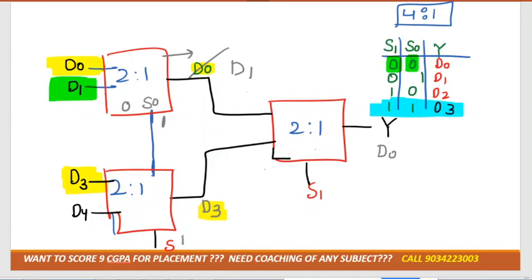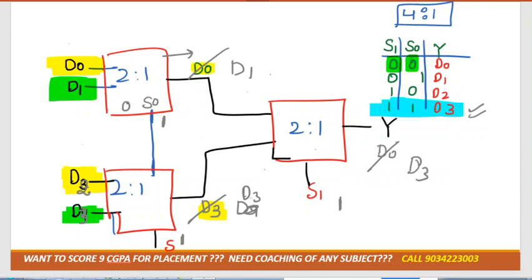Now again, if this select line is 1, the output is the second term, and here also, if the select line is 1, the output is the second term. Sorry, by mistake I wrote D0, D1, D2 and D3. So the output would be that; it matches? Yes or no? Okay, note it down.